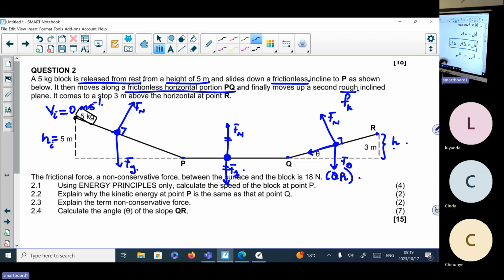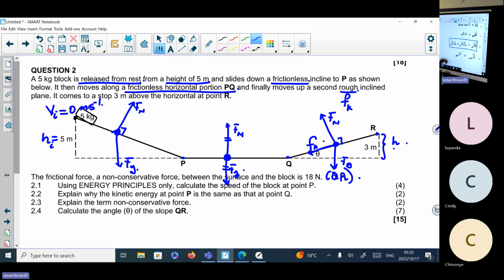Frictional force will be opposing the motion, so we'll have 3 forces when the object is moving. So notice there are 3 different sections, from the top to point P, then from P to Q, and then from Q to R. There are 3 different sections that we're going to treat differently, because they are different altogether.